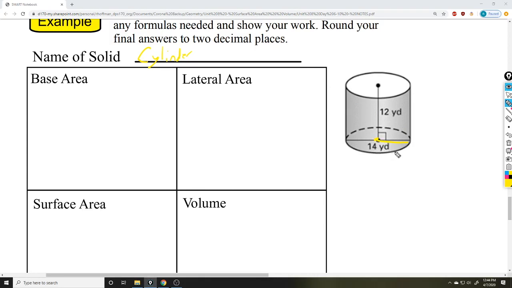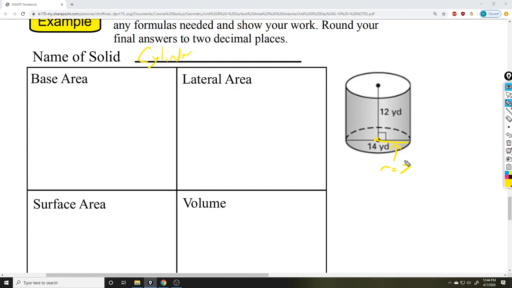So if we want the radius here, instead of being 14, I want to cut that in half, and it's only going to be 7 because we're only going halfway across the circle. Now that you've got that, these numbers should be a whole lot easier to work with. Go ahead and try that on your own.